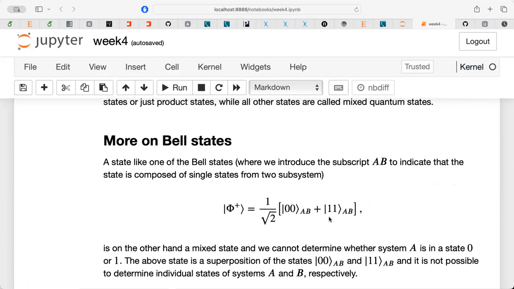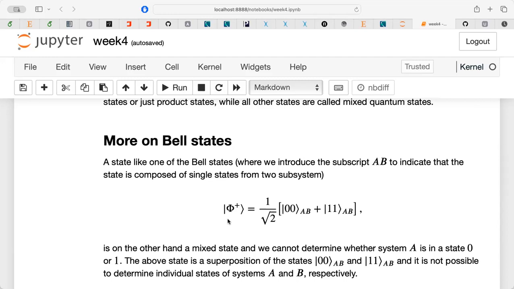There is, however, an uncertainty in the subsystems. So if you look at this state here, the 2-qubit state is well determined, and we call this a pure state. Its probability is equal to 1. That means that the entropy is equal to 0.